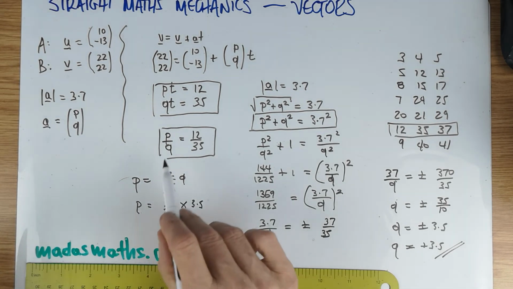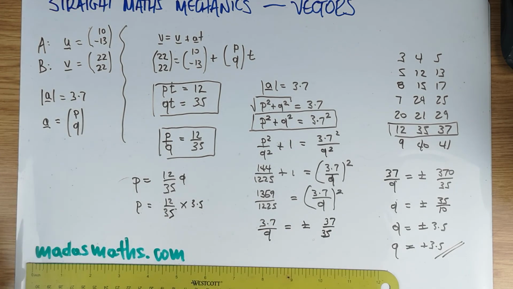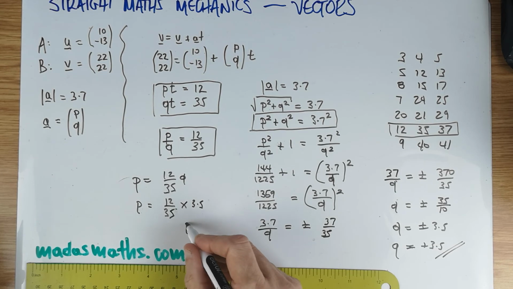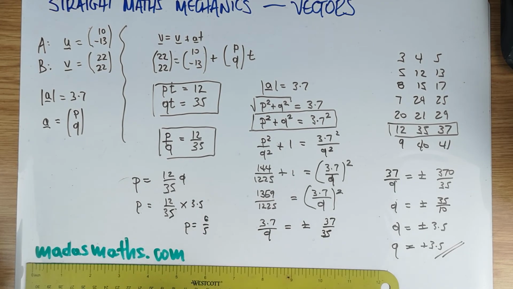So your p will be 12 divided by 35 times 3.5, and I got this as 6 over 5. My brain now has started to misfire. p is 6 over 5. I hope I haven't made any mistakes. If I have, please forgive me.